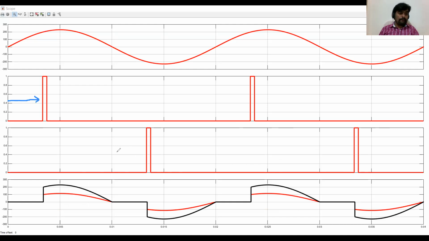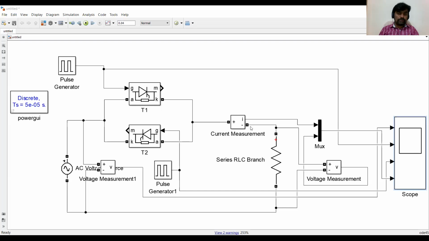And this will be at pi plus 60 degrees. You can see the output voltage is following the input voltage from alpha equal to 60 degrees onwards, and the output current and the output voltage are in phase due to the resistive load, right? So like that, you can control the voltage, and you can achieve any voltage at a constant frequency.